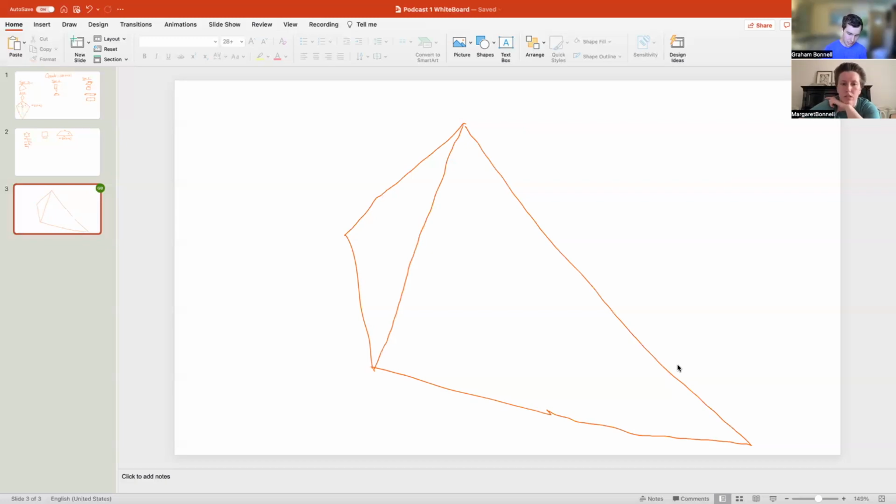So we've got height there. We've got base 1. And then base 1 is equal to h2. And then this is equal to base 2.